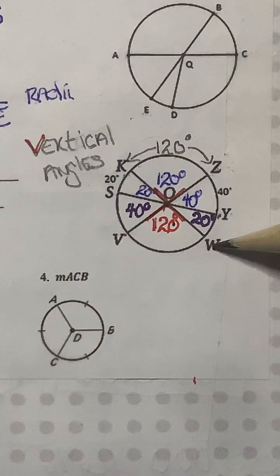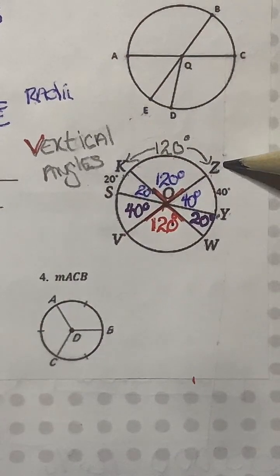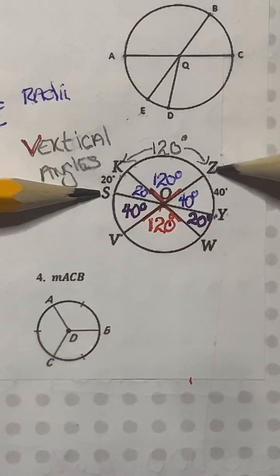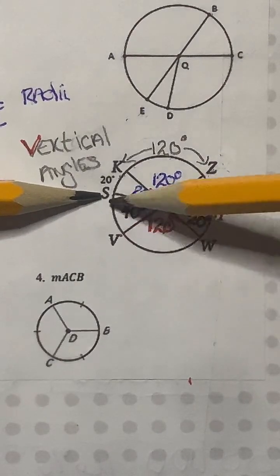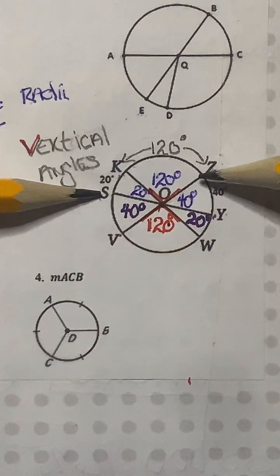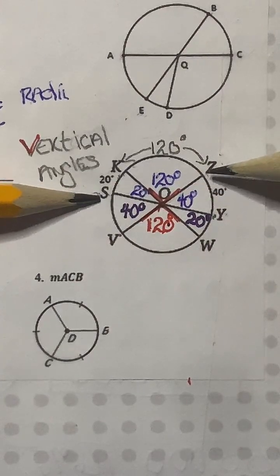So ZWS. We're starting here at Z, and I'm ending here at S, and I'm looking at this arc right here. So what's the measure of ZWS? What is that measure?